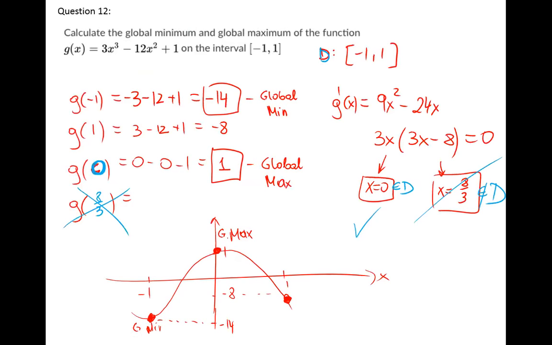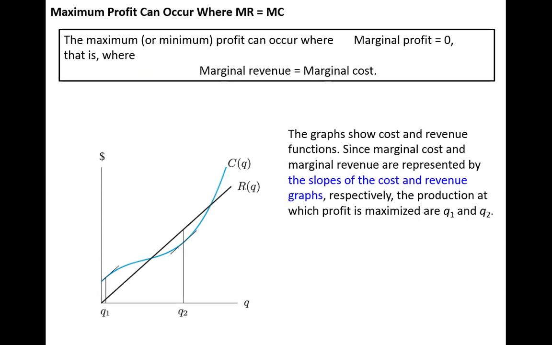No, just one more thing. Profit, cost, and revenue. Let's just see, we have to know this. The maximum profit can happen when marginal revenue is the same as marginal cost. And we remember, the marginal revenue and the marginal cost are simply the derivatives. Looking at the graphs, if the slope of the revenue function and the cost function is the same, then we do have maximized profit.